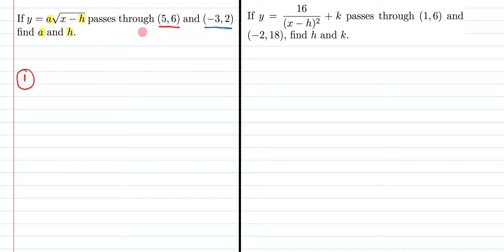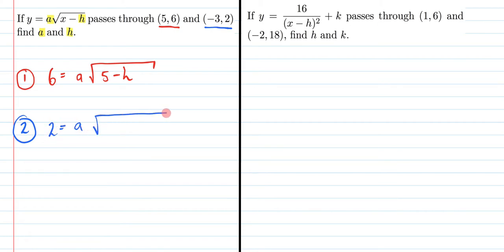So I'm going to plug in my values again. So I'm going to have 6 equals A, the square root of 5 minus H, and then I'm going to do it again to create another equation, plugging in these values this time. I'll get 2 equals A, the square root of negative 3 minus H.